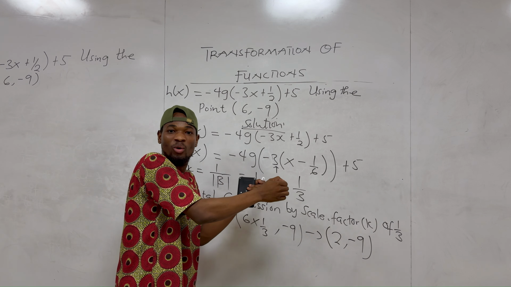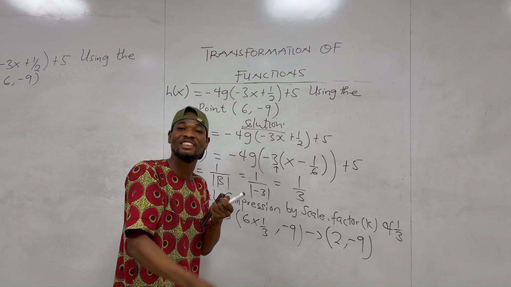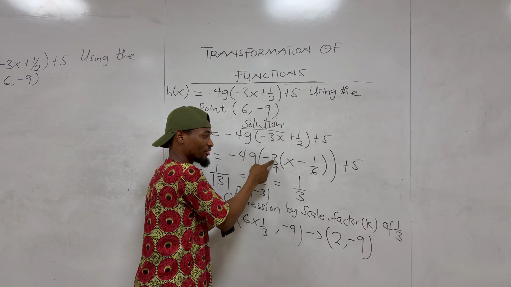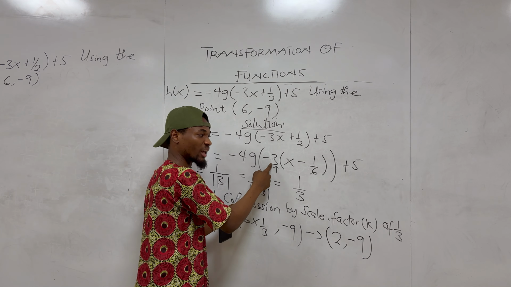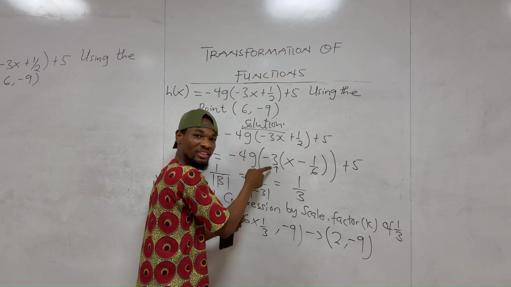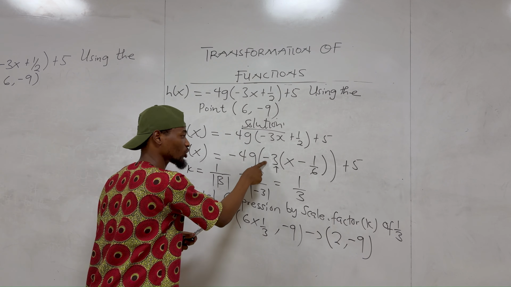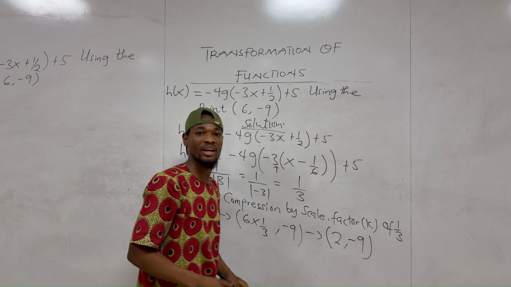So when you have a situation where you negate the x, that means you are doing reflection in the y axis. See, the questions we've been solving so far, negative wasn't there. So after finding the scale factor, we then just straight away move to this. But here negative is there, so we have to do justice over here. Because we are negating the x component, that means we are reflecting in the y axis.